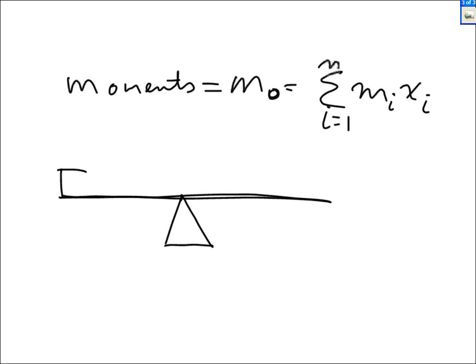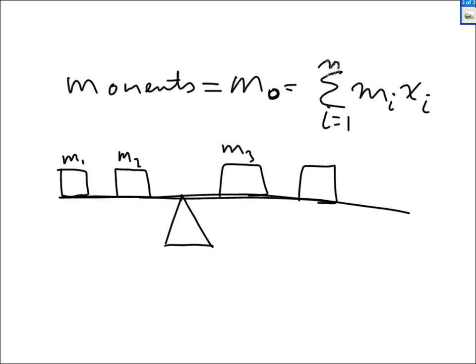This object has a mass of m1, another object a mass of m2, a third object, say, a mass of m3, a fourth object, mass of m4, and many more in between, and the last one we call m sub n, the nth mass.